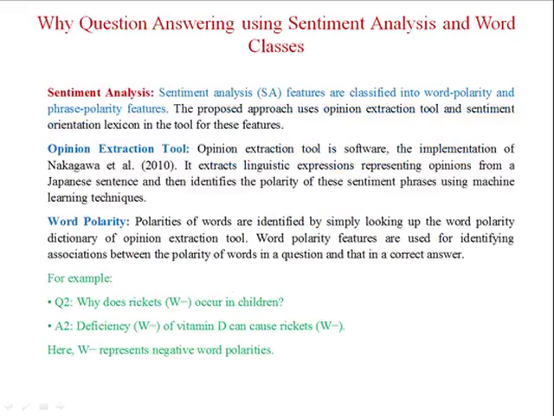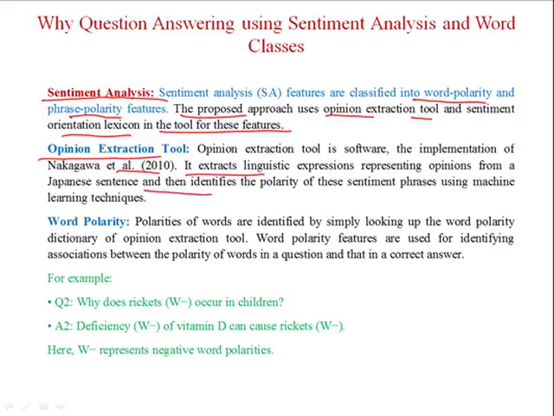Sentiment analysis. Sentiment analysis features are classified into word polarity and phrase polarity features. The proposed approach uses an opinion extraction tool and a sentiment orientation lexicon in the tools for these features. The opinion extraction tool is an implementation of a published paper. It extracts the linguistic expressions representing opinion from Japanese sentences.